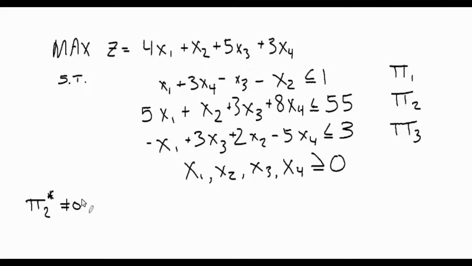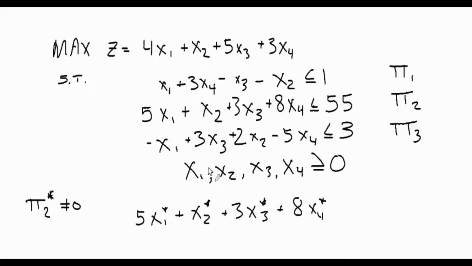The question asks us to make an inference about the part of the second constraint on the left-hand side here, if pi star sub 2 is not equal to 0. So it wants us to say, what is 5x1 star plus x2 star plus 3x3 star plus 8x4 star?